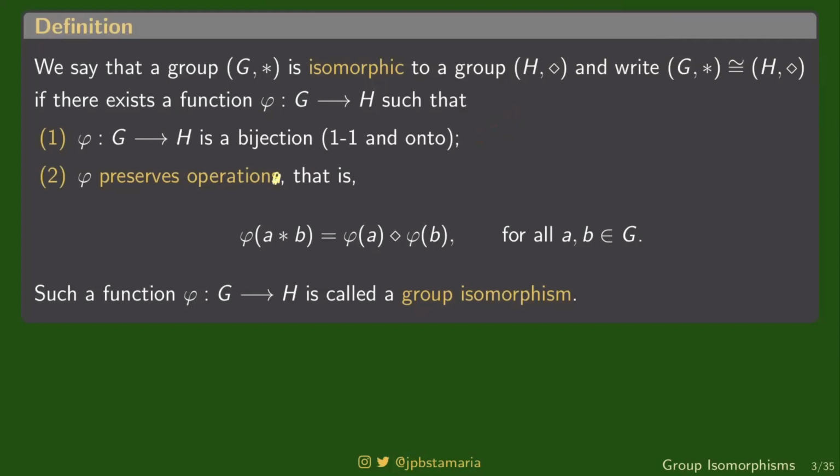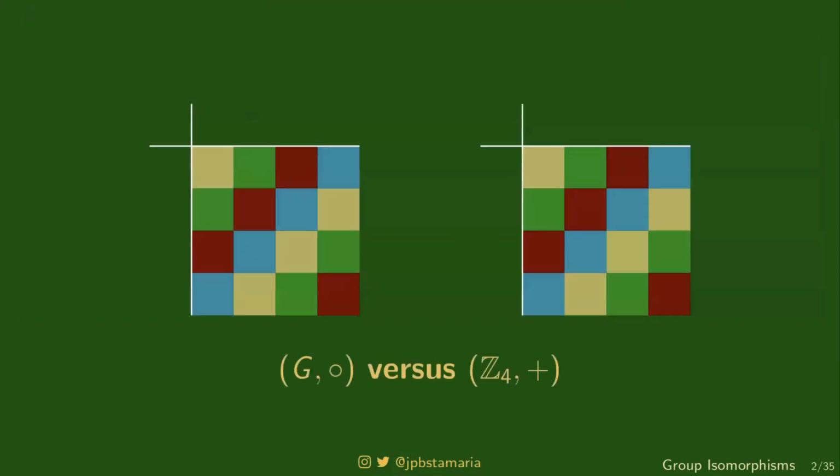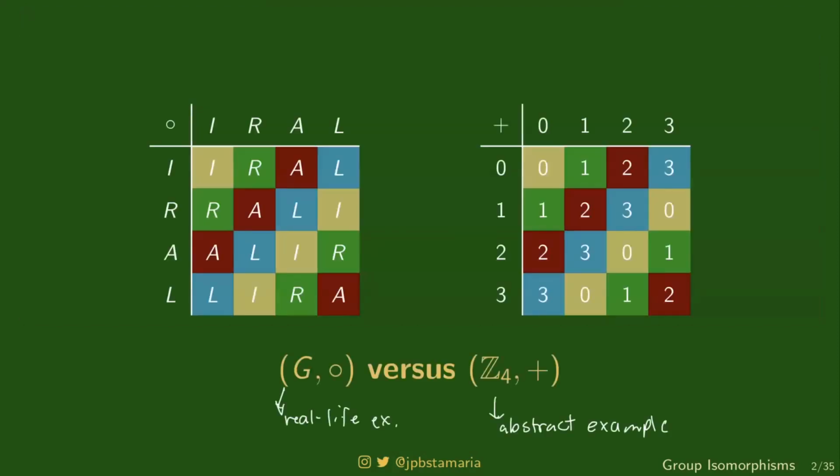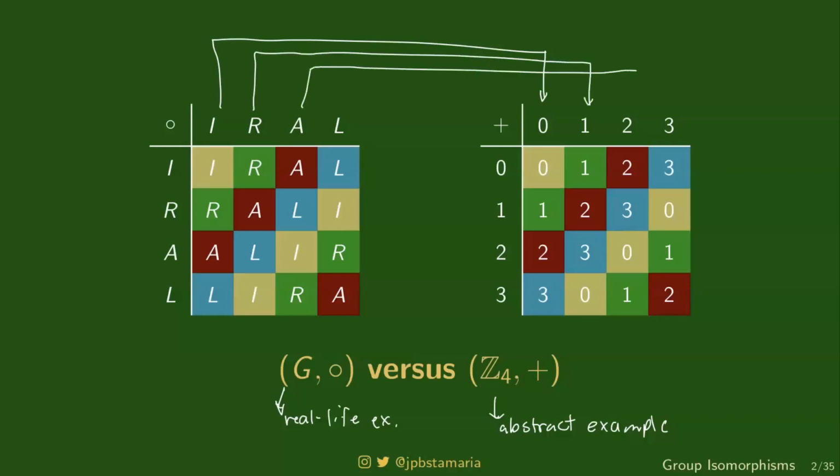Isa lang ang operation, kaya dapat walang S yan. Okay? The function phi must preserve the operation in what sense? Now, when you look at this table, once again, no, tignan nyo, no? So here, the isomorphism that we're really interested in is this mapping. No? Yung mapping na ito.